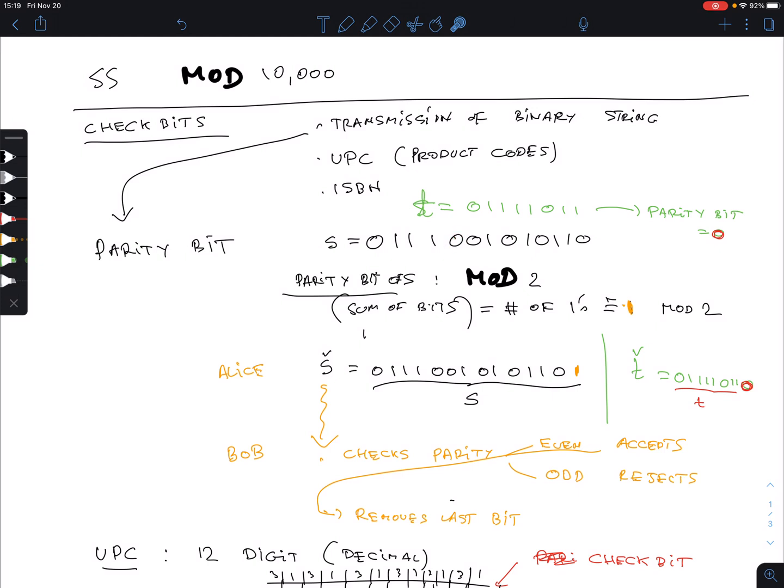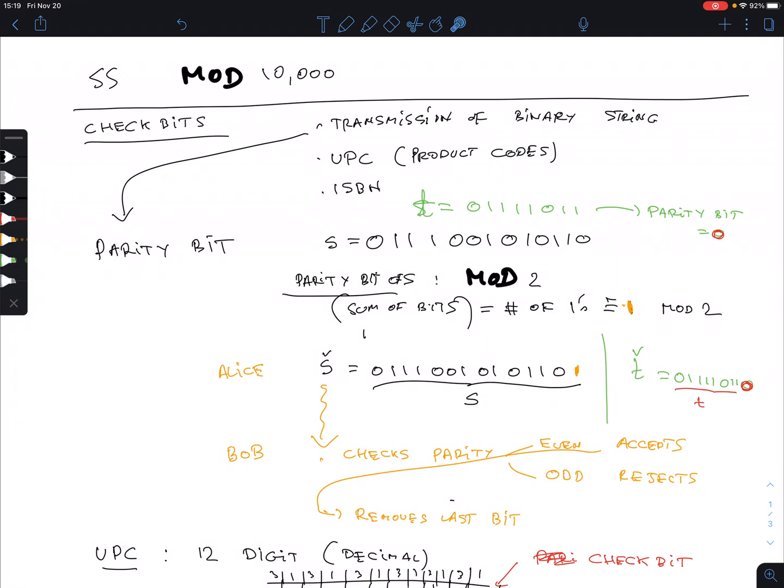So it's the number of changes made. 1 change will give you 1 change in the number of bits. 2 changes will give you 2 changes. 2 is even, so if in the transmission 2 of these bits were flipped, say these 2, or these 2, or whatever, then the parity will still be correct.